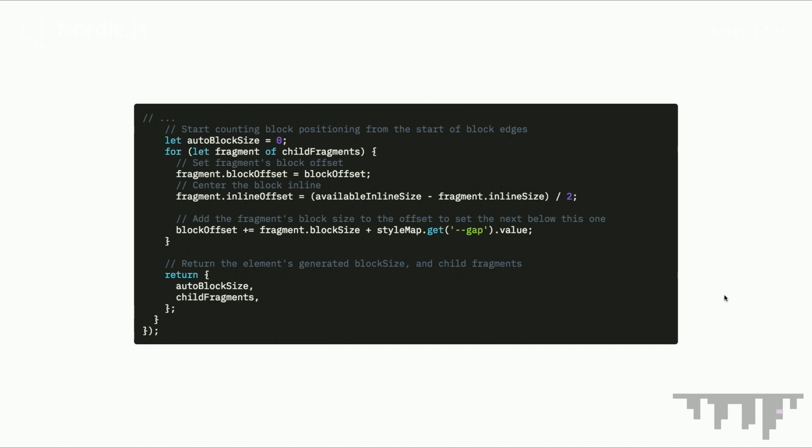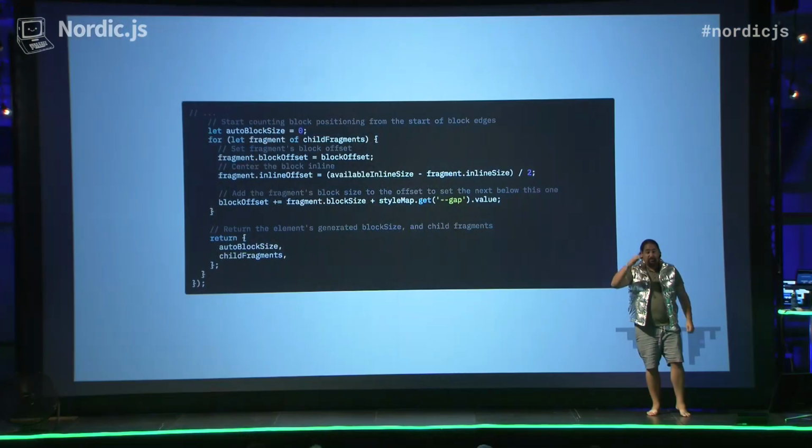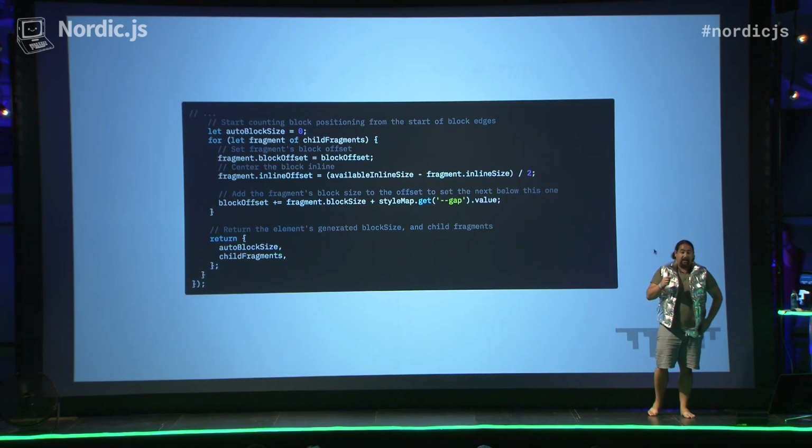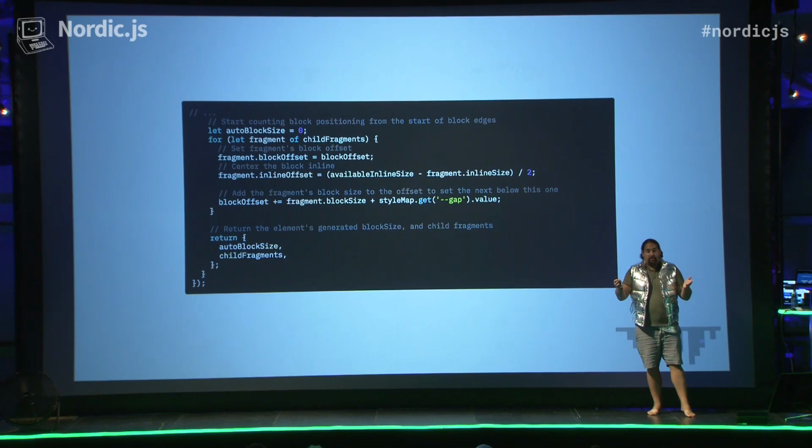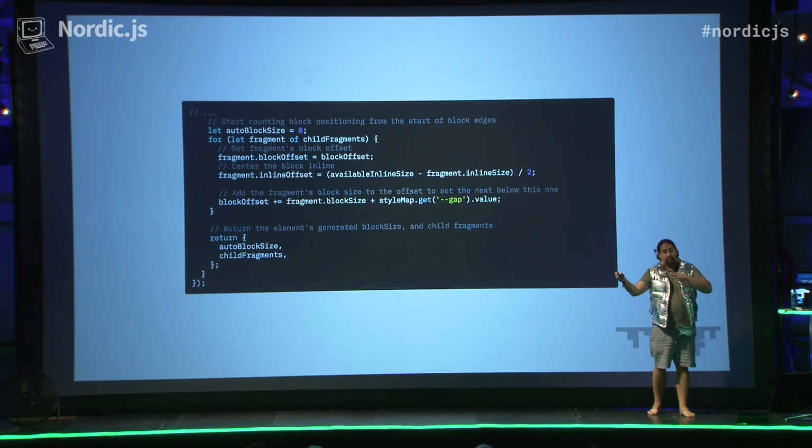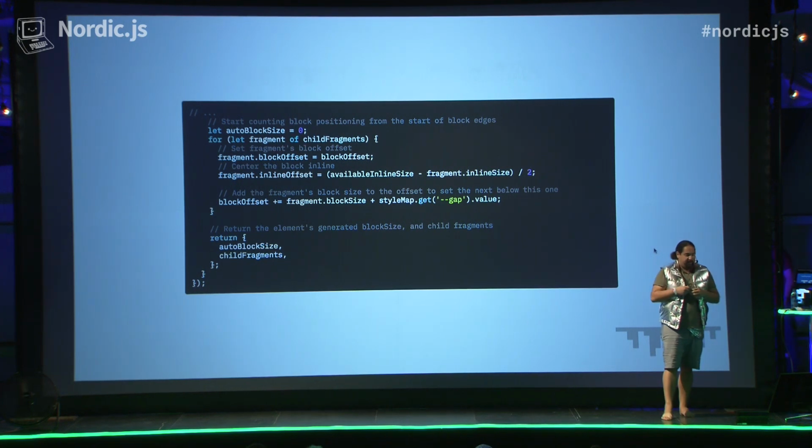We start with 0, we start at the top, and then we loop over each one of our fragments, and we position it either in its block coordinate or its inline coordinate. We can position both. In this case, our block offset is just where we started from, and our inline offset is our inline size minus the fragment size divided by 2, so we're centering that block in our area.